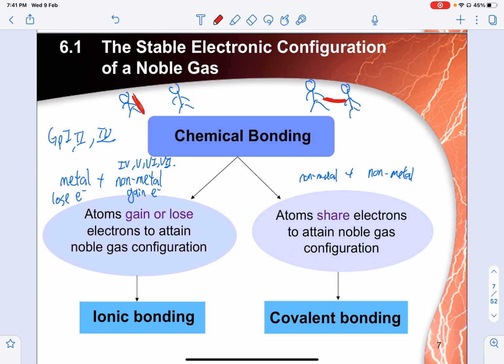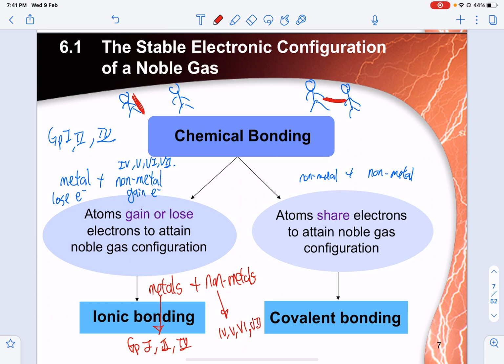It depends on the groups of the element. If we are talking about ionic bonding, it's between metals plus non-metals. Elements of metals are generally from your group 1, 2, and 3. Non-metals will be your 4, 5, 6, and 7.